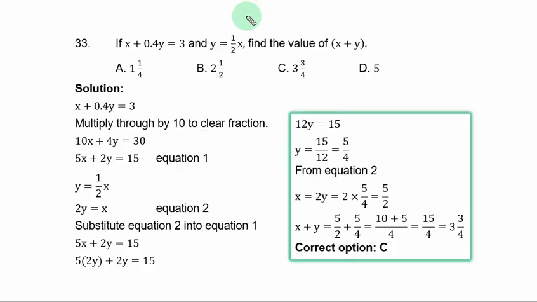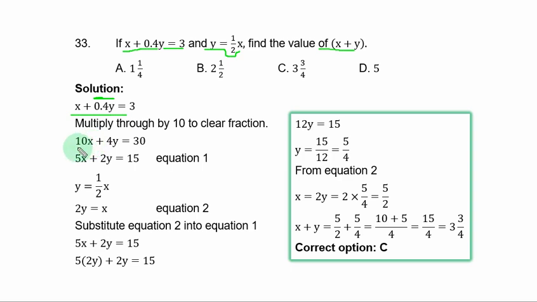Question 33. If s plus 0.4y is equal to 3 and y is equal to 1 over 2s, find the value of s plus y. So this is the first equation. In order to remove this decimal number, you need to multiply through by 10.